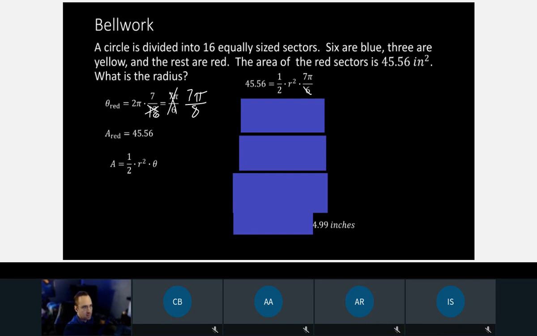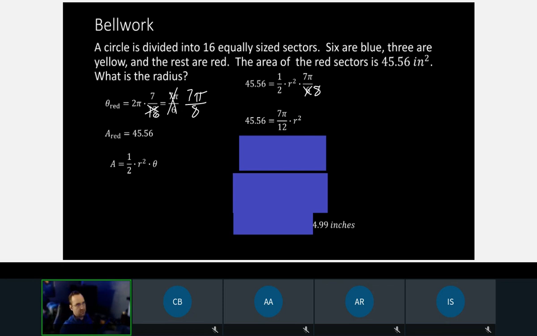I did not write that. This should be 7 pi over 8, not 6. Everyone doing good so far? All right. So next, 1/2 times 7 pi over 8 times radius squared.